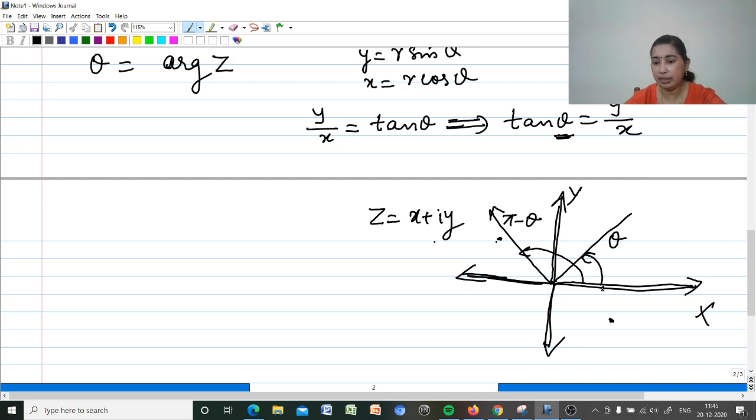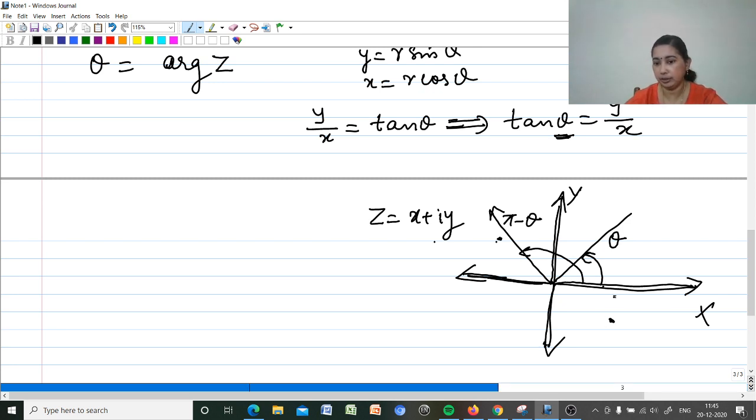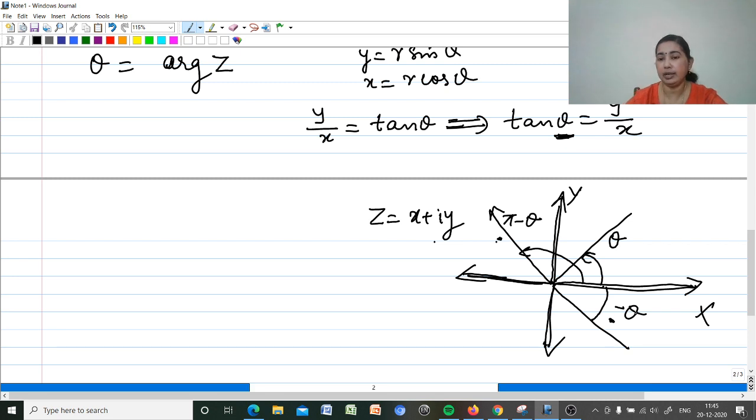Then if it is coming in the fourth quadrant, if the angle is on this side, we have to take minus theta. If it is coming in the fourth quadrant, we have to take the negative angle. Whichever angle you have got, you have to take the negative of that angle.